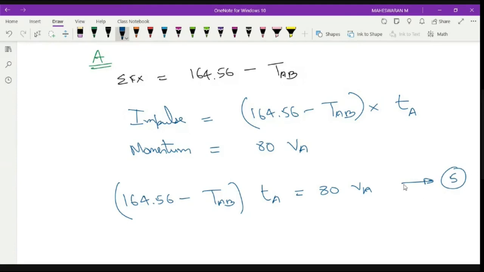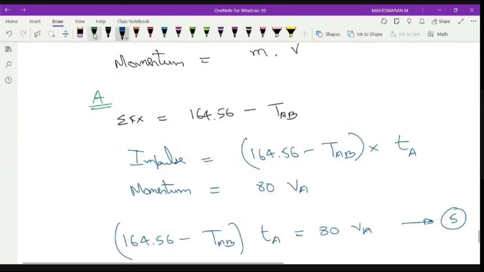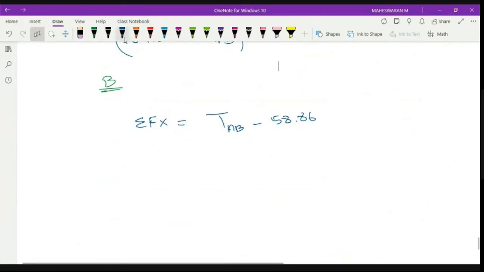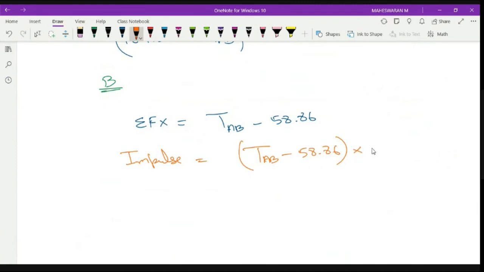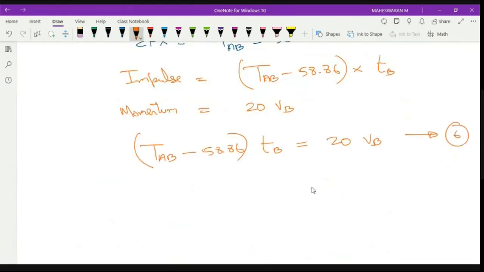Okay. So similarly, let us proceed with the other equation, your block B. So the same, I'm going to identify what is impulse, what is the value. So TB, right? Momentum, mass is 20, 20 into VB. So impulse is equal to momentum, equation 6, right?